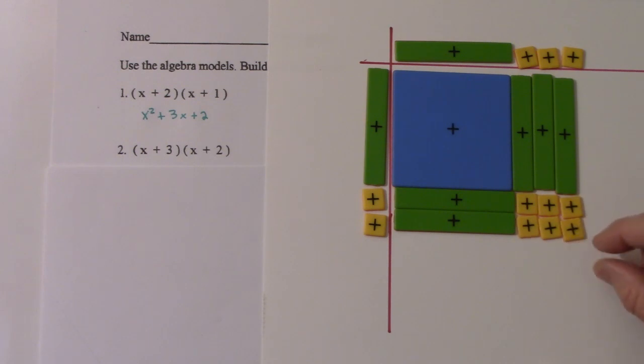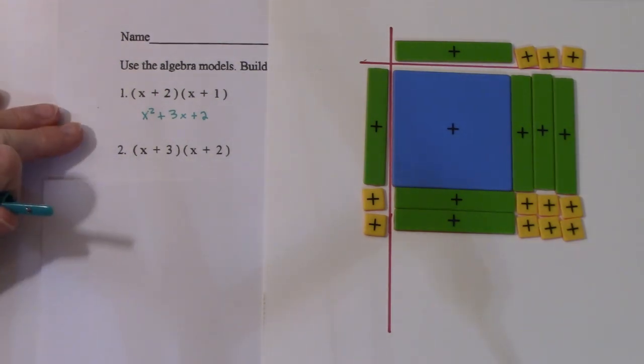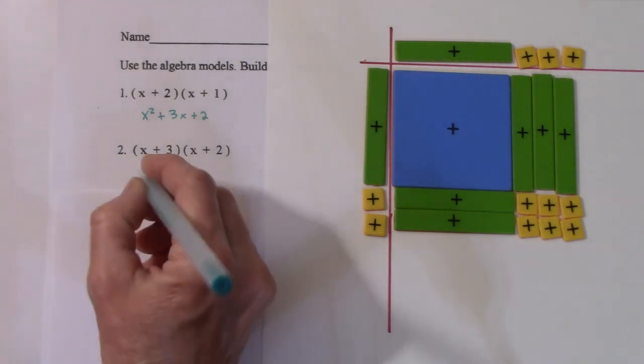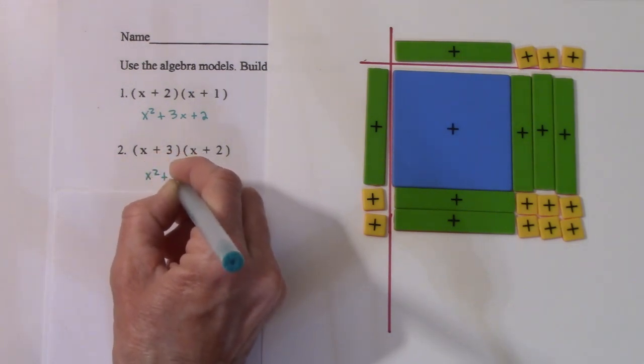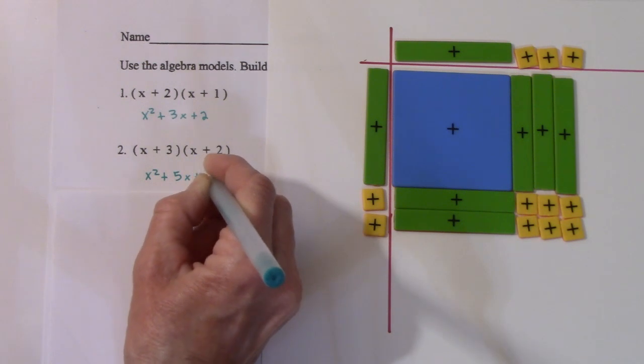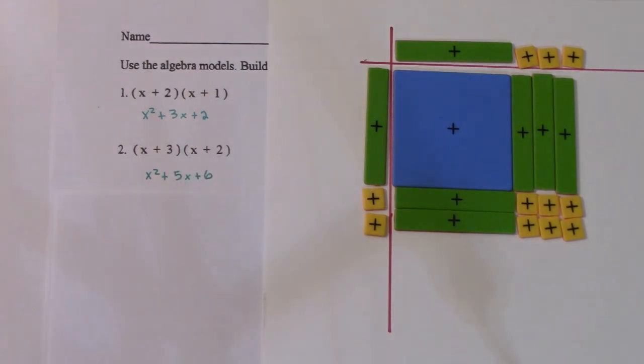So my final answer, when I combine my like terms, is x squared plus 5x plus 6.